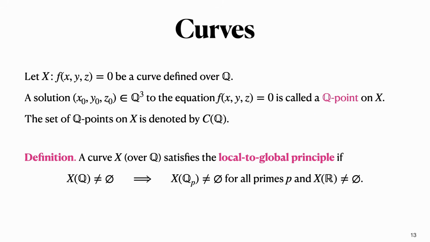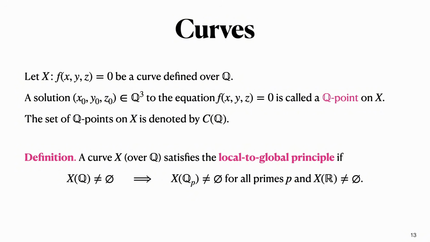How does it connect to having local points over all Q_p and over R? And that's the local to global principle. So a curve over Q satisfies the local to global principle if having a point over Q, wait, did I get this right? No, I got the implication wrong, because this one is always true.